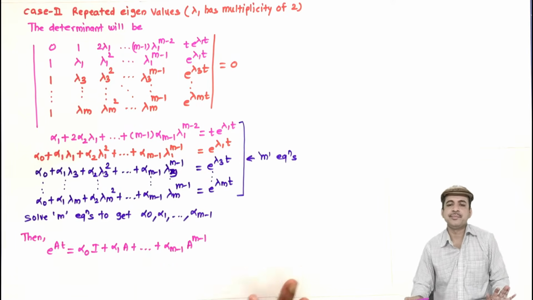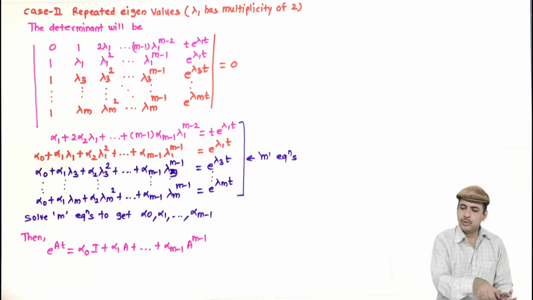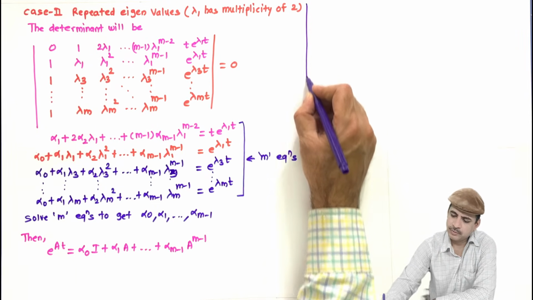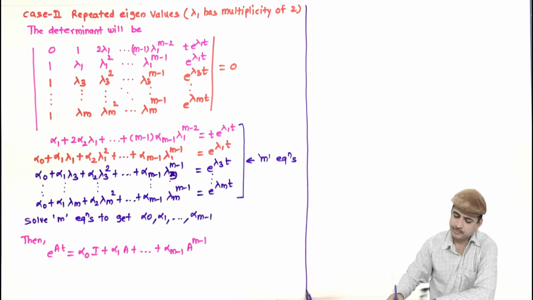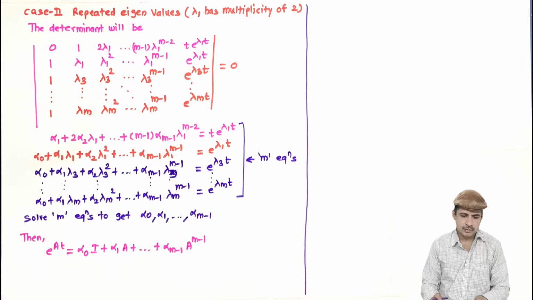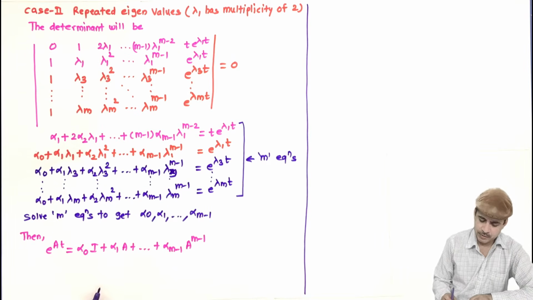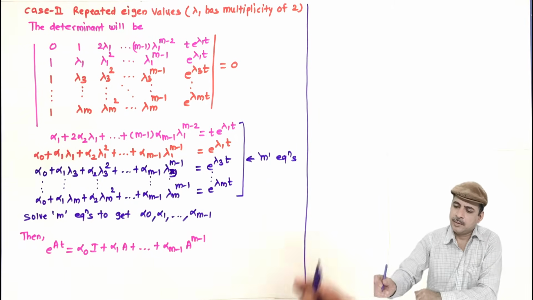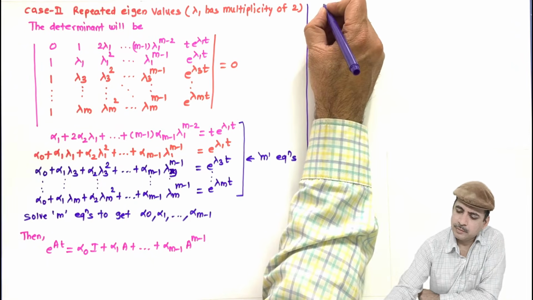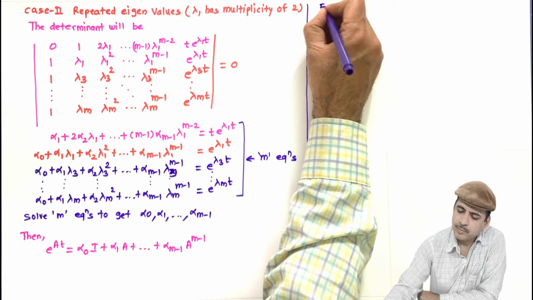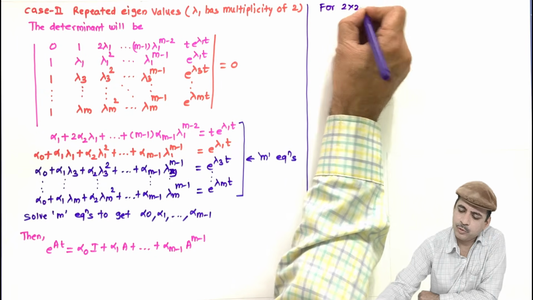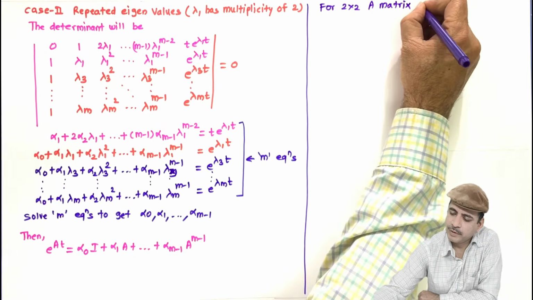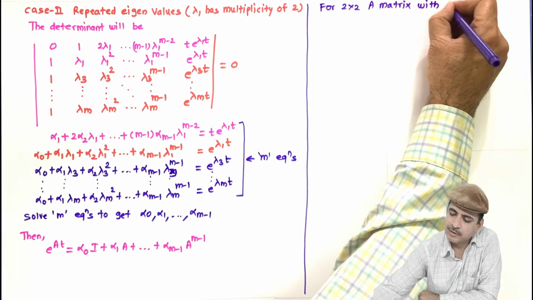The formula is same. And what we will do, typically for distinct roots and repeated roots, a 2 by 2 case, we will do it. Say for 2 by 2 A matrix with distinct roots.